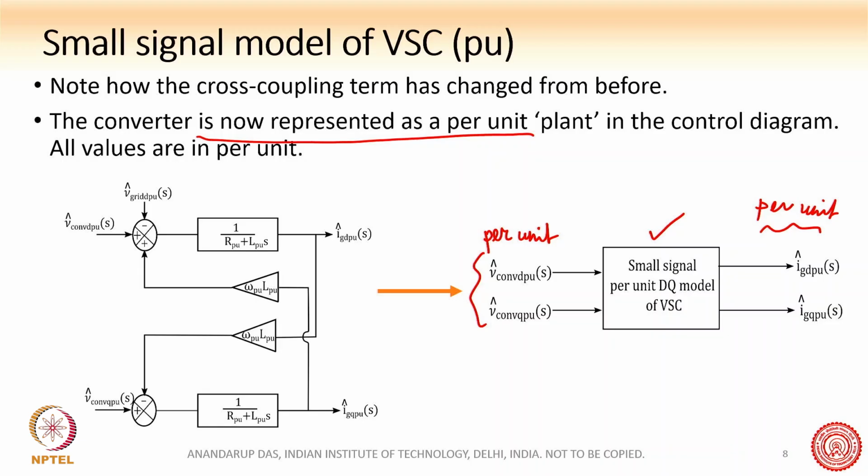So it is very easy for us to understand how much percent of our rated quantities are flowing in the system at any point of time, right? So this is like this.